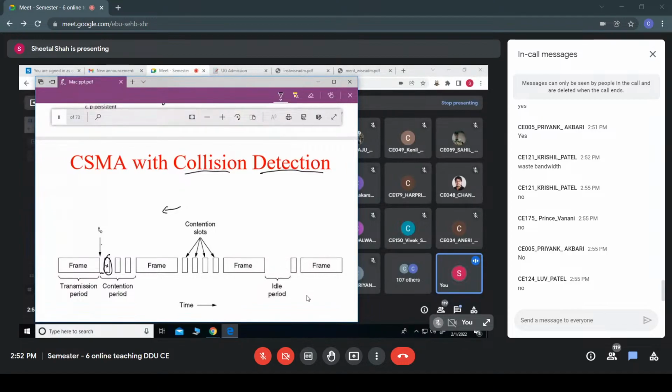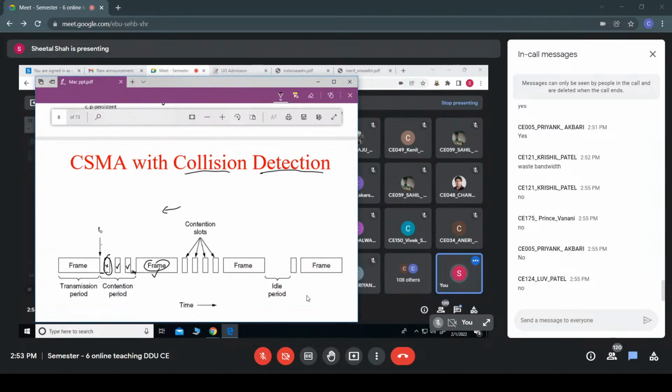That's why you have this contention period. In this period, they found that the collision has occurred and they stopped transmitting the frame further. Similarly here, after some random period of time, a station might have sensed again, and one of the stations now has a frame and can transmit it.